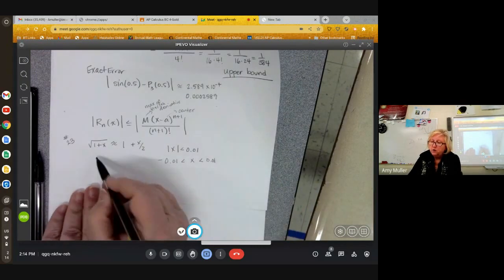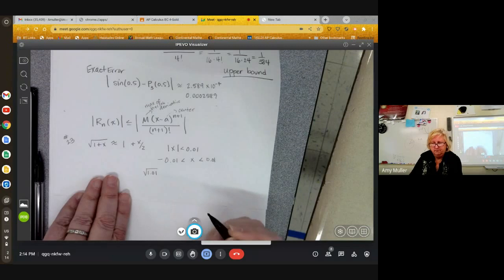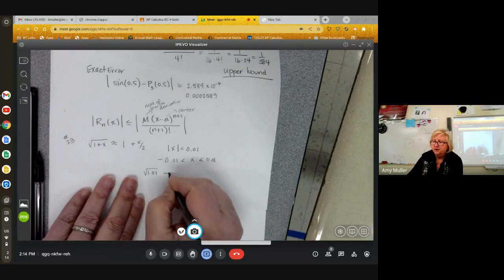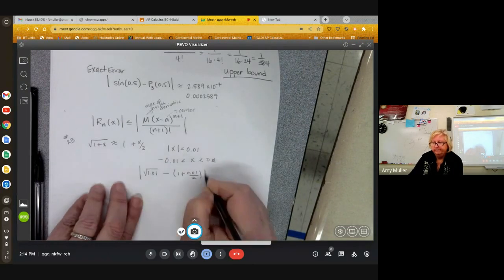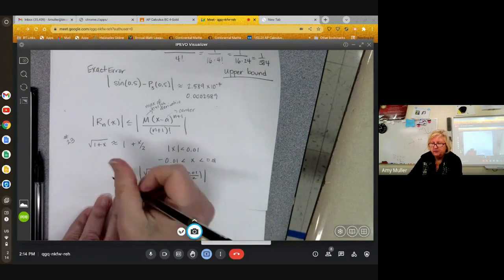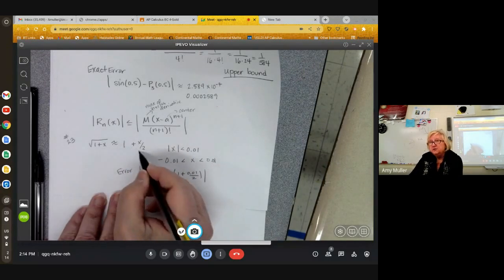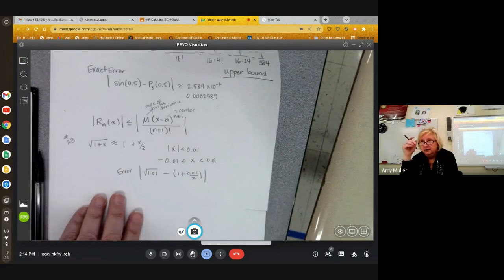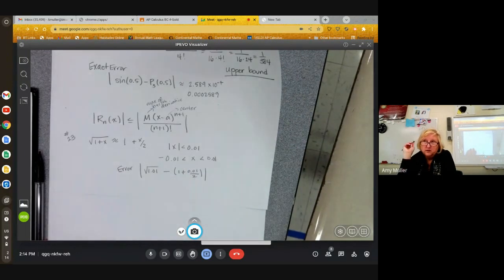So what they want you to do is say, okay, what is the square root of 1.01? And how is that different than 1 plus 0.01 over 2? Because that's the exact error. And they want you to do it graphically. So you could graph this one, and you could graph this one, and you could say let x equal 0.01, or you could just graph this and see what the difference is between the two of them. I think that's what it's asking you for.